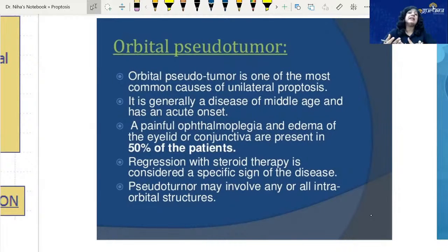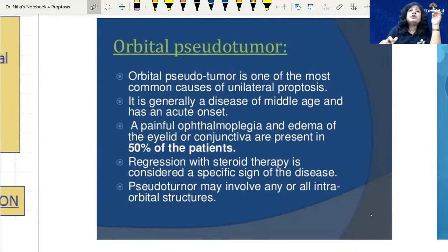Though they are inflammatory lesions with chronic inflammation, mostly we go with a diagnosis of exclusion. Whenever we go with a diagnosis of exclusion, it becomes very important to rule out the other things. If I have ruled out thyroid eye disease, tumors, and other systemic features, only then can I say that it is a case of orbital pseudotumor.